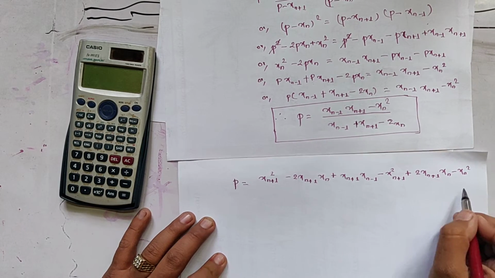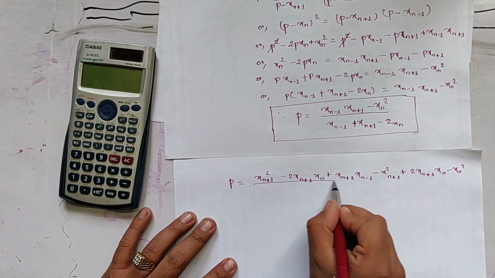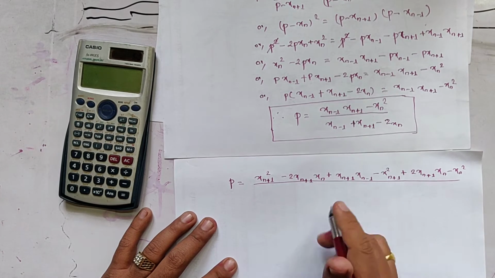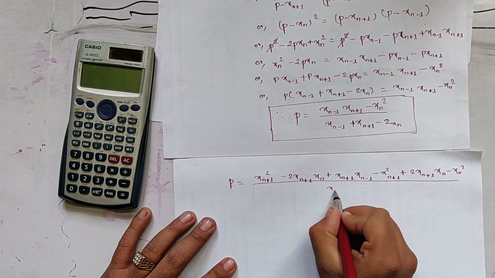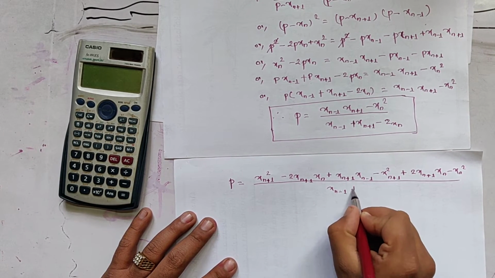So this is the whole addition term. When we subtract and add it, we get this. The below term is the same.